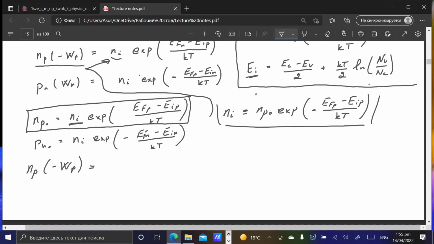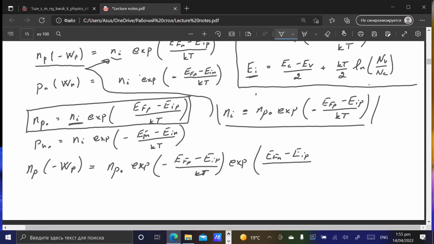That will be n_p0 times exponent minus (E_Fp minus E_ip) divided by kT times exponent (E_Fn minus E_ip) divided by kT.